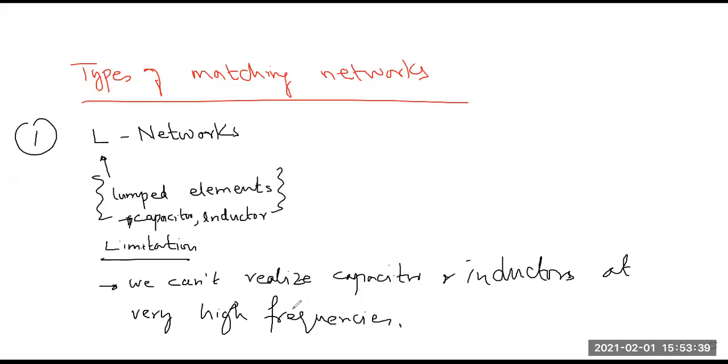But if the frequency is more than that range, then your capacitor will not give you capacitor behavior, and the inductor may not give you inductive behavior. So if you are designing an impedance matching circuit for a very high frequency microwave circuit, then an L network may not be a suitable choice.